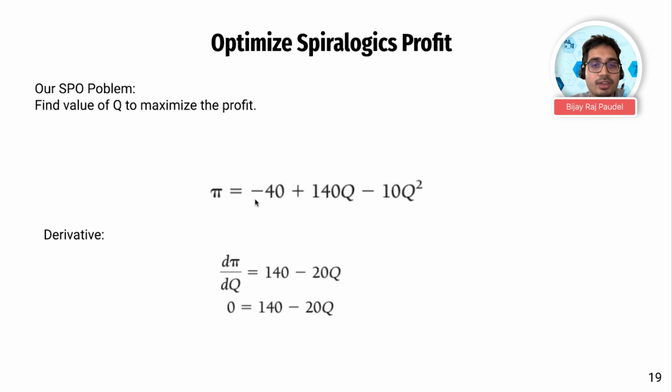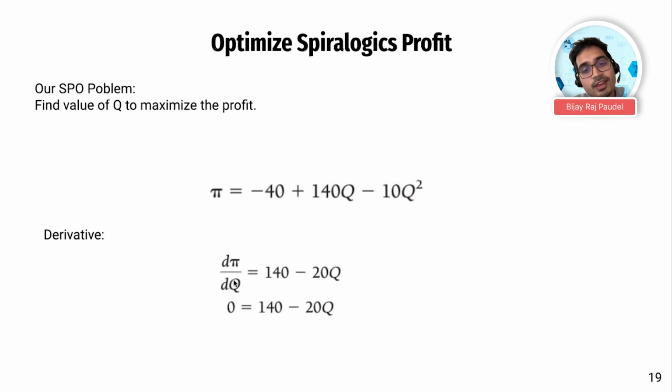If you calculate the derivative, the derivative of 40 will be 0. The derivative of 140q is just like the slant we saw, so it will be 140. And the derivative of 10q squared will be 20q, because the 2 comes to the front, 10 times 2q, so it will be 20q. So this is the derivative.